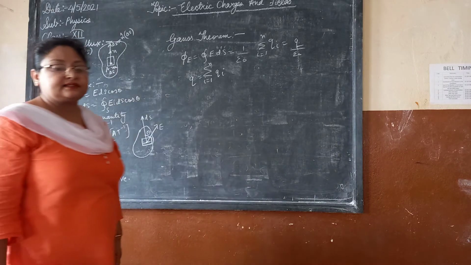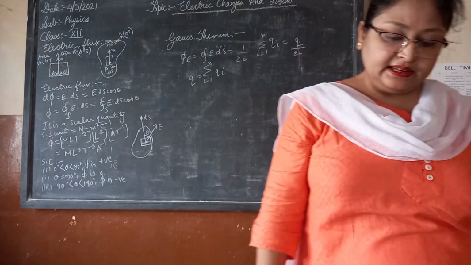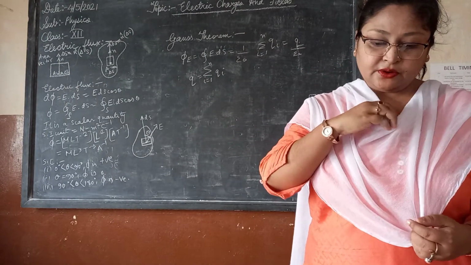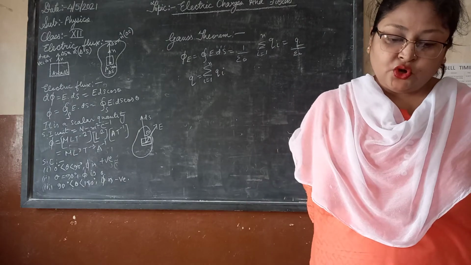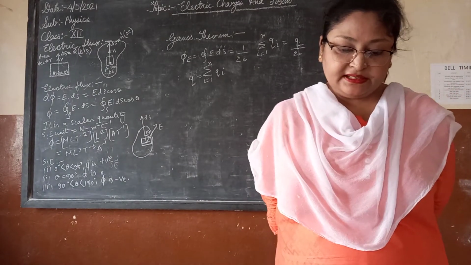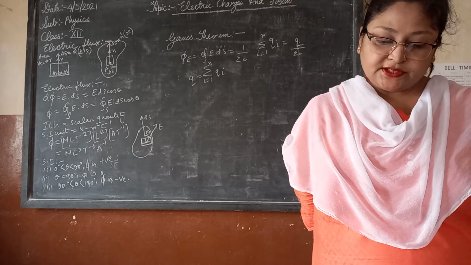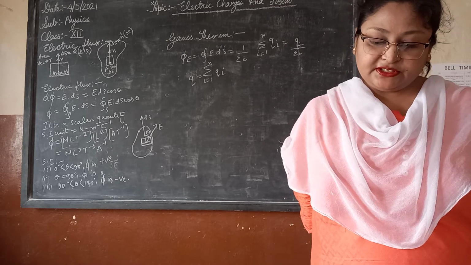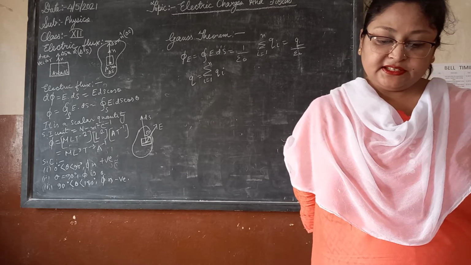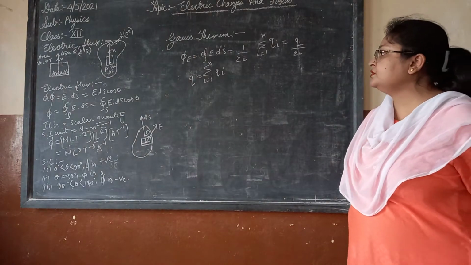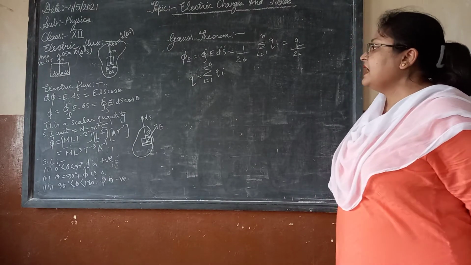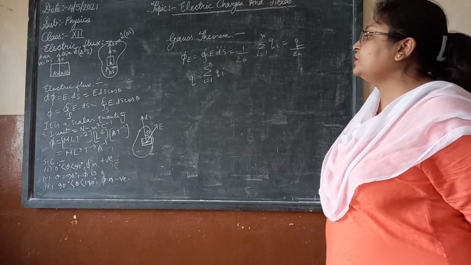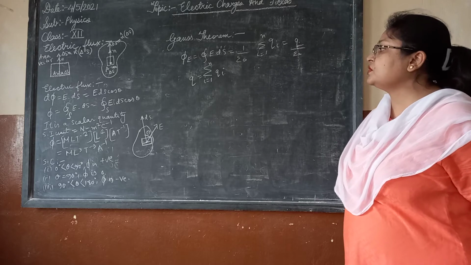Now electric flux. The electric flux linked with any surface is defined by the total number of the electric field lines that normally pass through the surface. Electric flux Δφ through a small area ΔS due to the electric field E at an angle θ with ΔS is given by Δφ equals E dot ΔS, which is equal to E ΔS cos θ, and φ equals the surface integral of E dot dS, where it is equal to E dS cos θ.